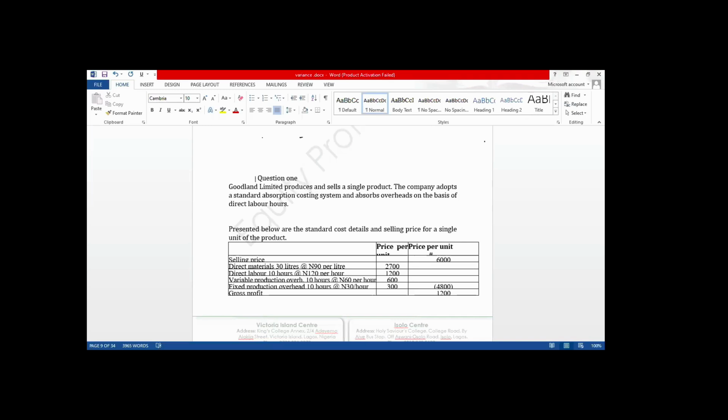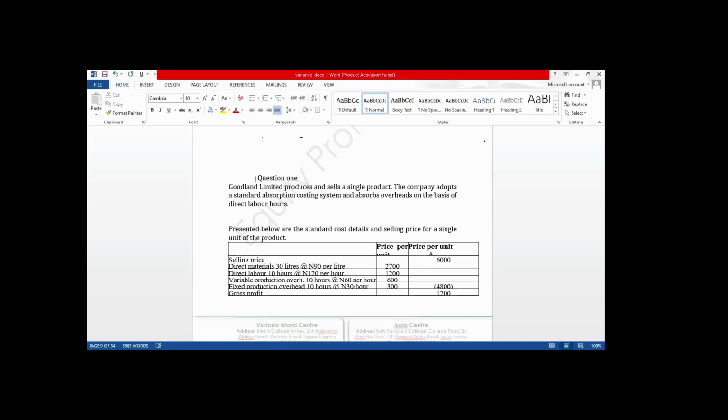Next, direct labor. 10 hours at 120 naira per hour. Let's explain this. To produce 1 unit standard, you require 10 hours of labor. Laborers are paid 120 naira per hour.